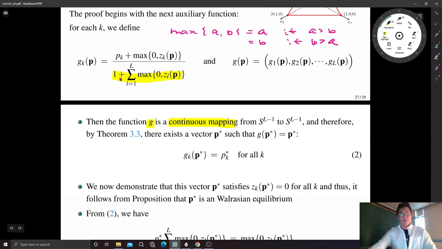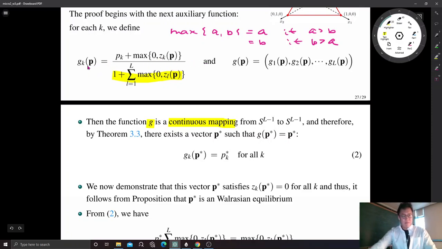But the denominator is 1 plus the maximum between 0 and function z. So no matter what the excess function z is, it is larger than 1. So there's no chance that the denominator is equal to 0. So this rational function g sub k is continuous everywhere.